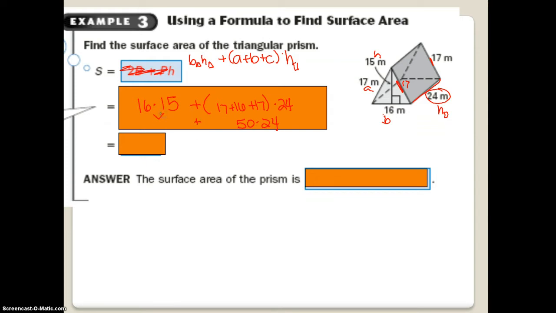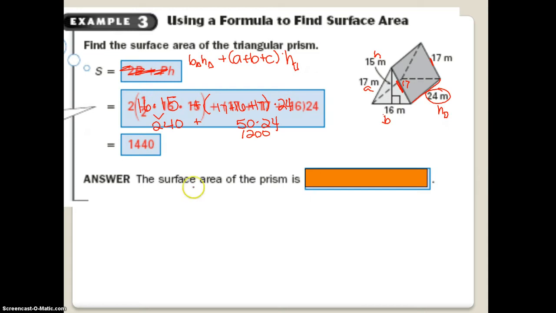So I can actually do 16 times 15, which is 240, and 50 times 24, which is 1200. And then add 240 plus 1200, you will get 1440. And you can see, no matter what they did, I still get the right answer. The surface area is 1,440 square meters. It's area, so you're still squaring.